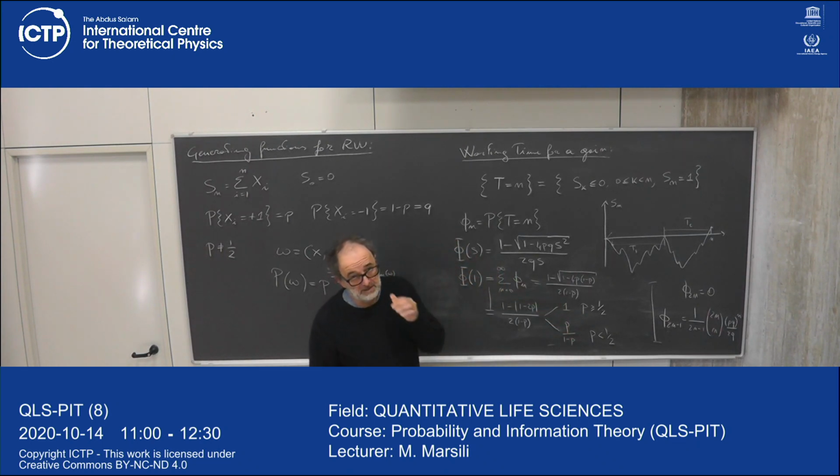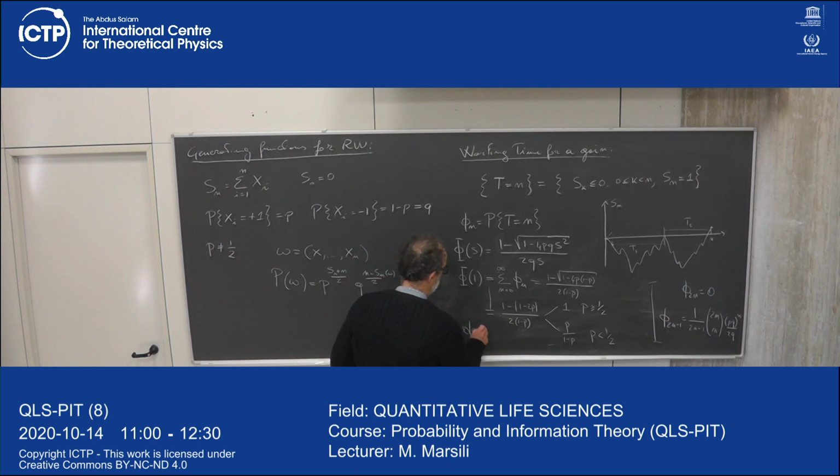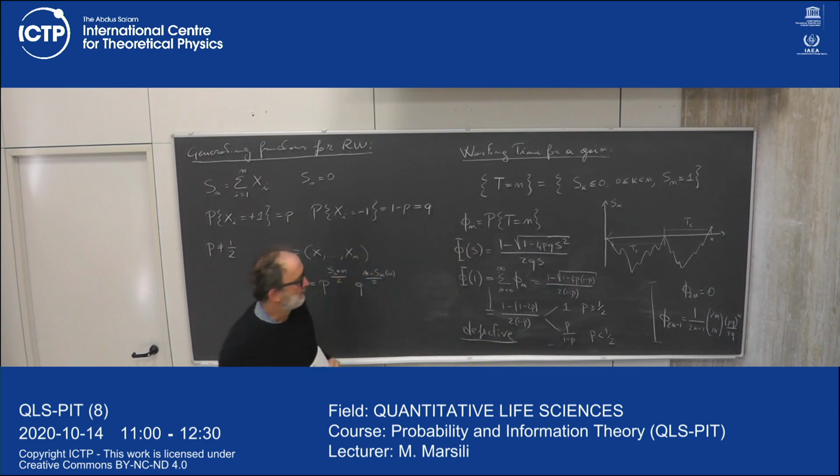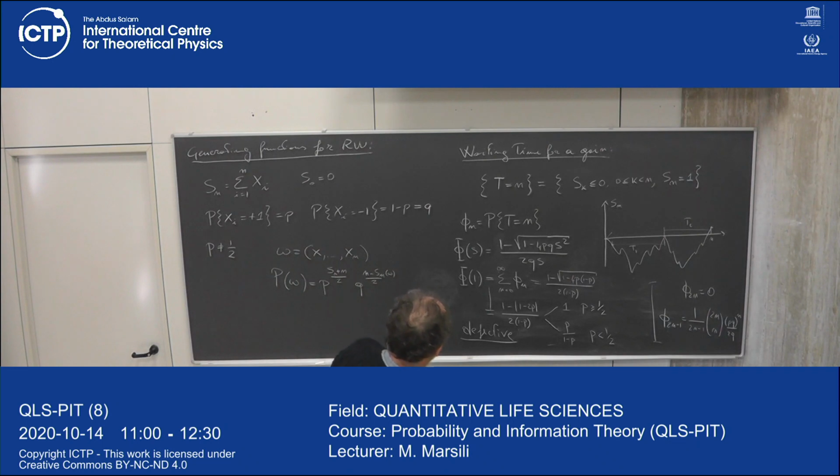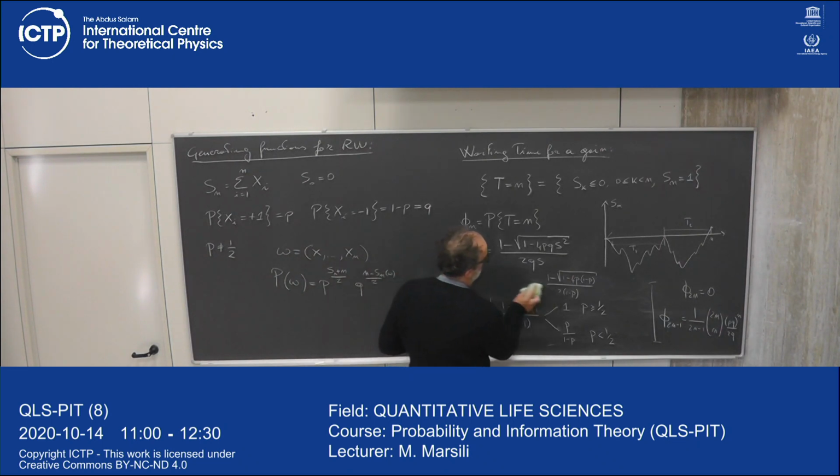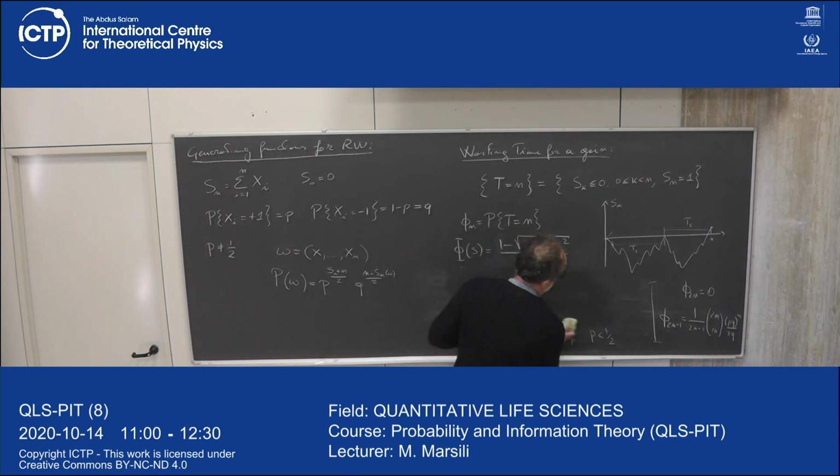If it is less than 1/2, it is not normalized. It's called a defective probability distribution.